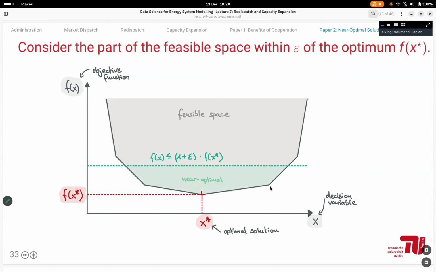So somewhat like this, where you introduce a constraint that your cost f of x must be less than 1 plus epsilon times your optimal cost. That cuts your solutions into a part that is near optimal, so solutions that are within epsilon% of the cost optimum.